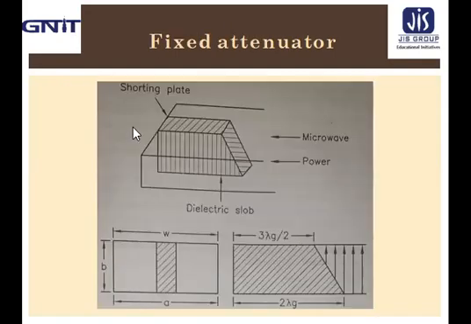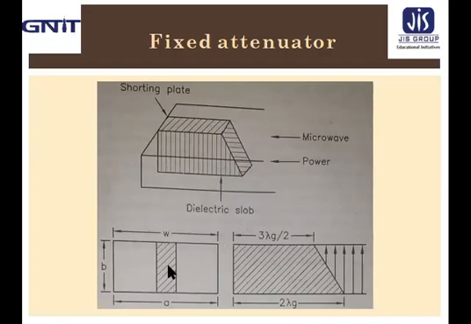Here in this figure, a fixed attenuator is shown, with a sorting plate, and microwave power is going through this side. That part is the tapered pad, and that is a dielectric slab.